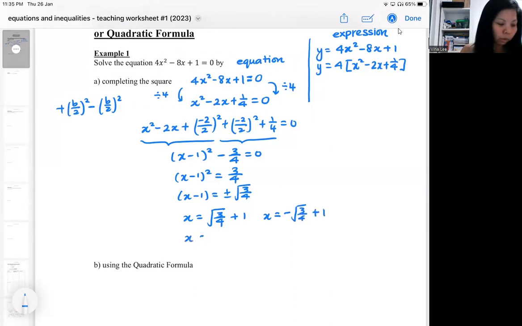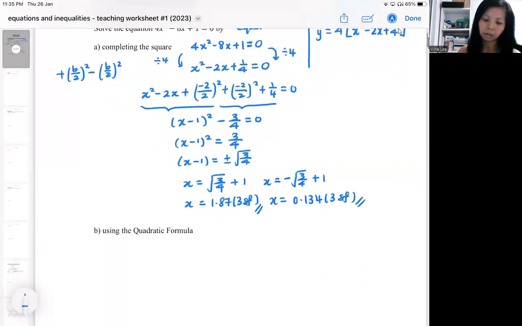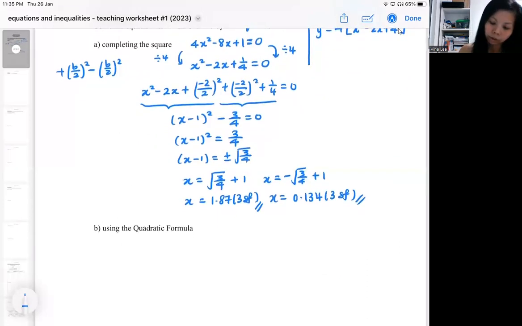So these will be the two solutions that I would have gotten. That is the method by completing square. It's almost the same as what you did for your E math as well. For the quadratic formula, that's the same thing. For the quadratic formula, make sure you know what your a, b, c are.